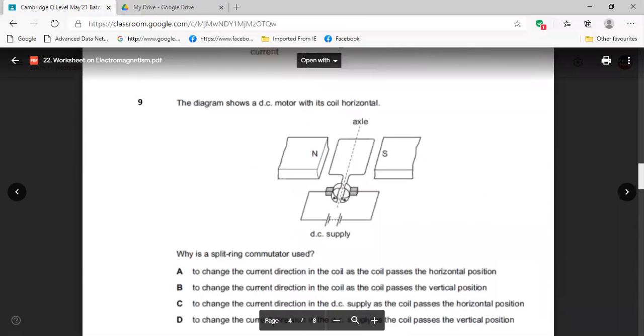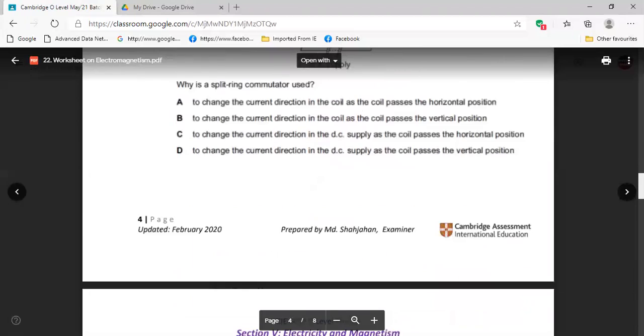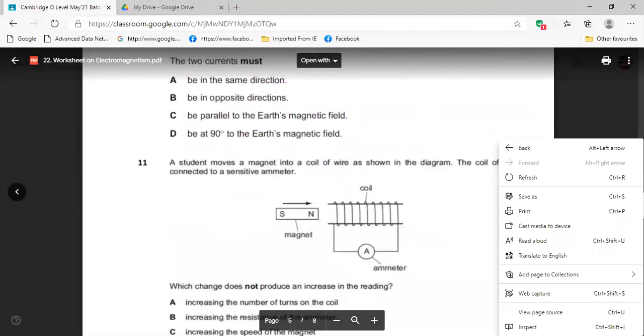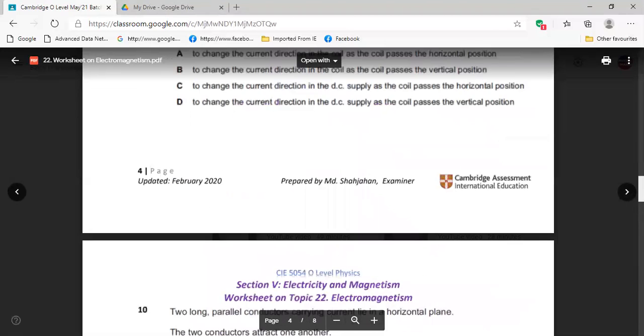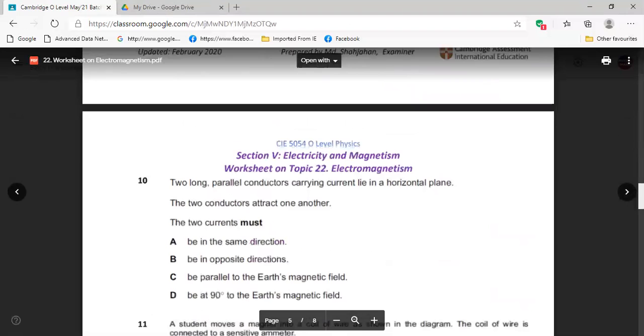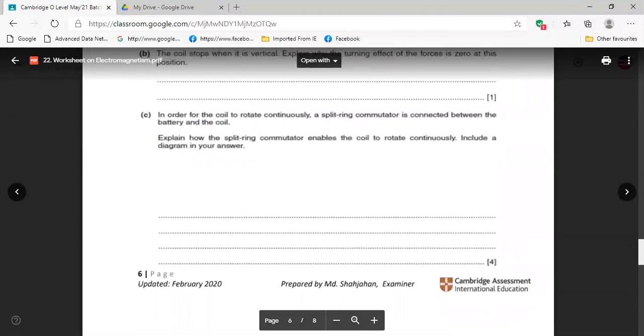Okay, are you done with drawing? Then you are writing, right? That part you are writing.